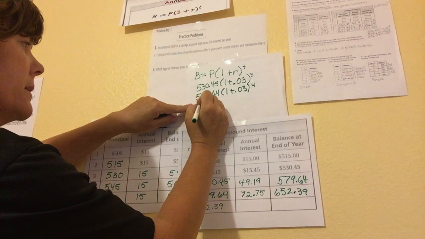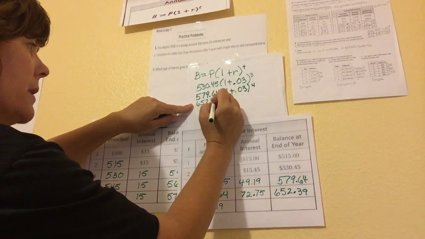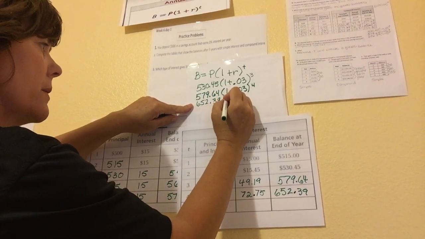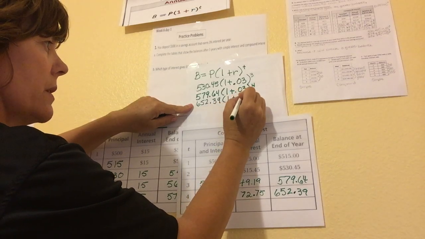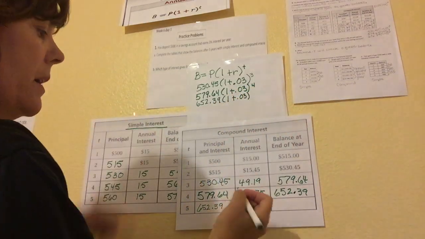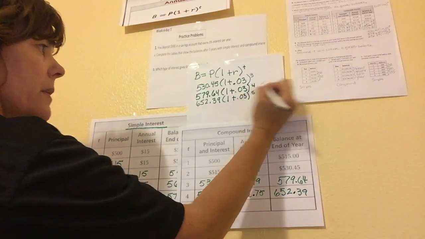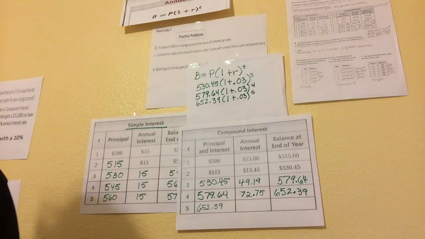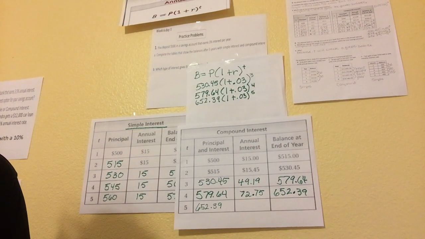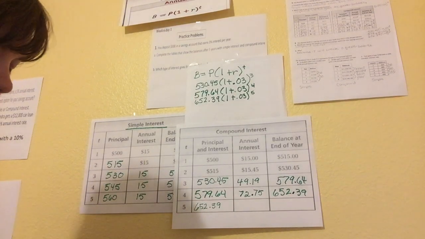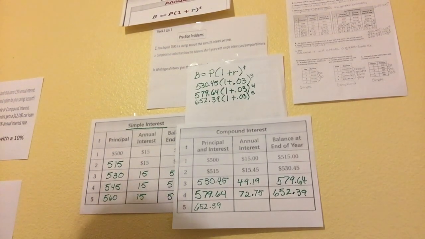So I have 652.39. This doesn't change here, remains the same. But I'm on my 5th year. So again, I could show you how to put that in the calculator. So let's see.